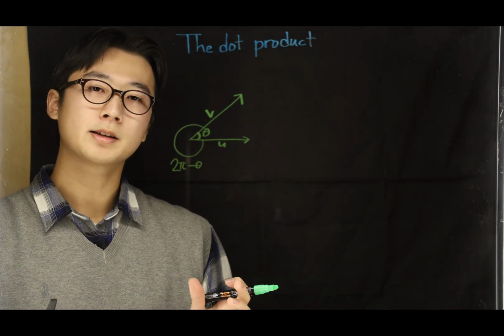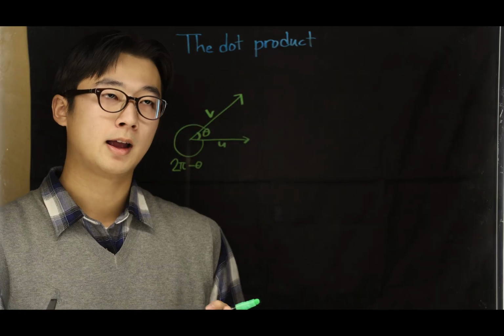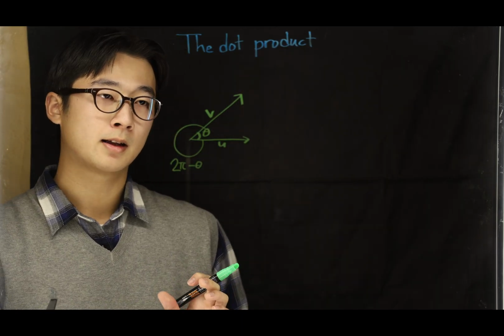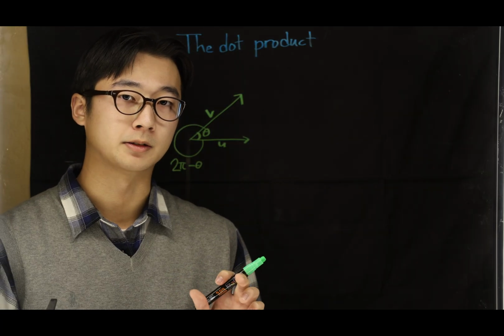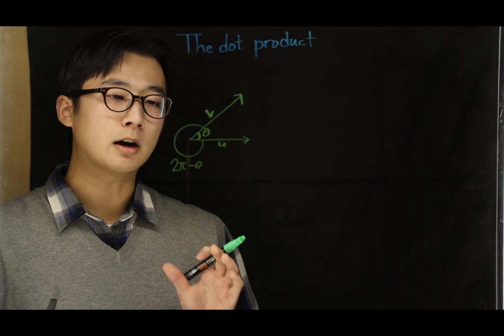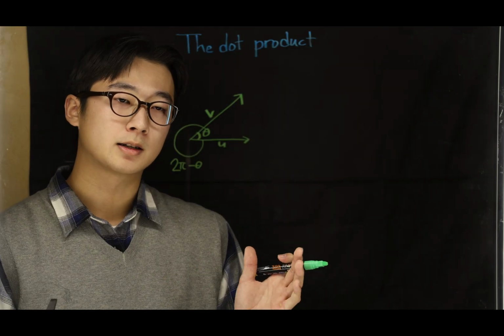So what does the dot product tell us? It tells us how much those two vectors point in the same direction. So we are focusing on how much the same direction those two vectors are pointing.